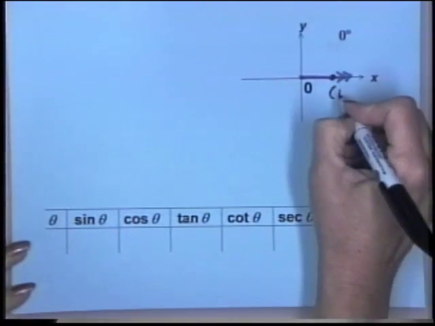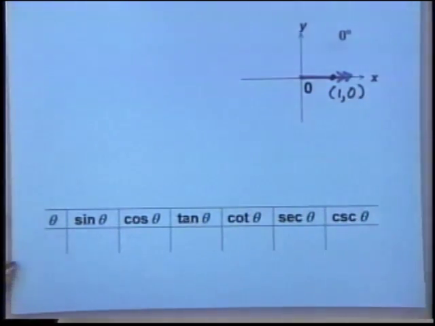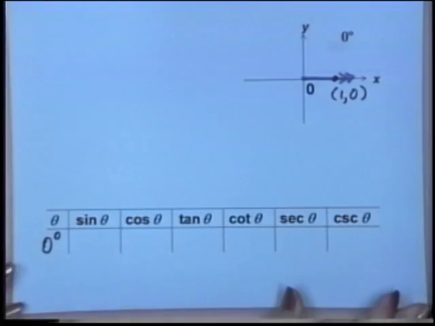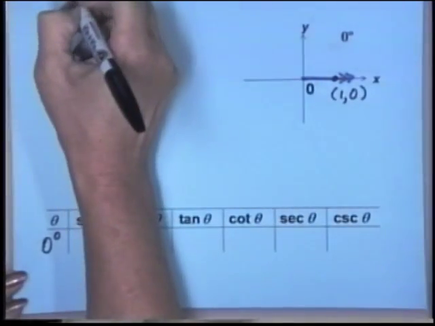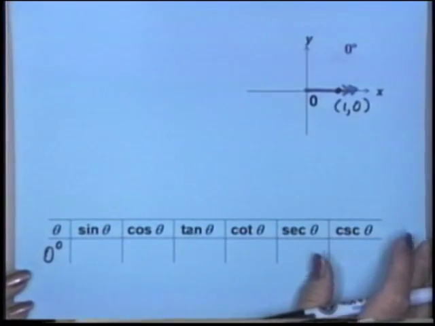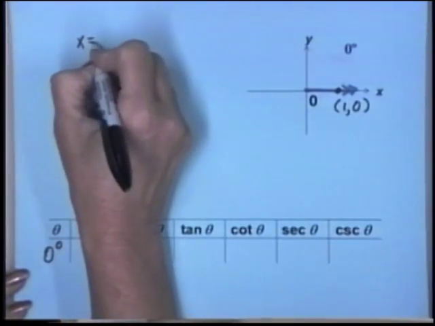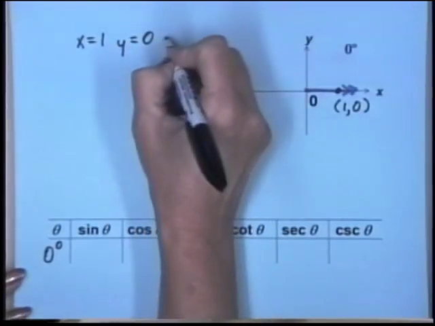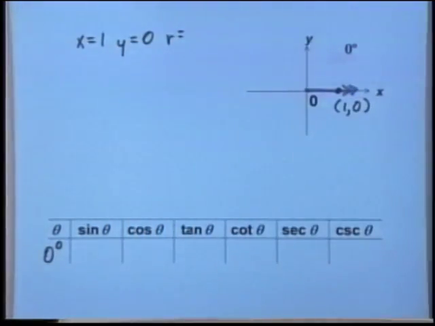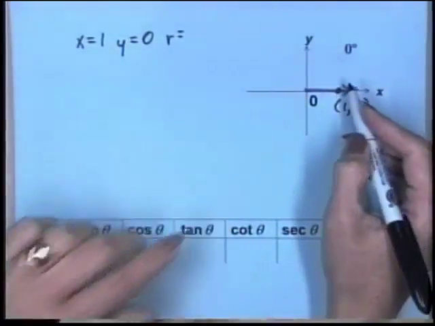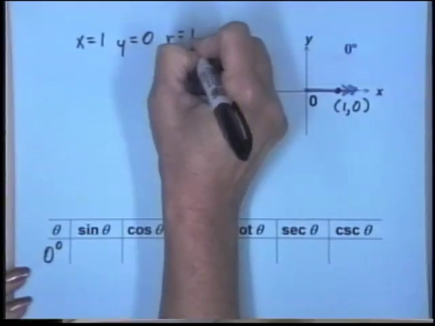The one that I'm going to choose is the point 1, 0. So I know in this case x equals 1, y equals 0. I need to figure out what r is, but remember, r is the distance from this point to the origin. I can see what r is, can't I? It's 1.